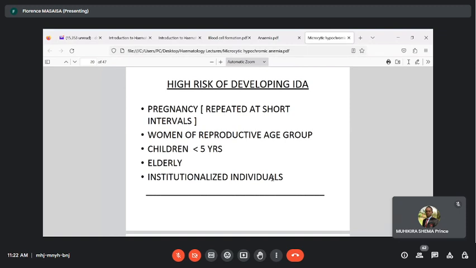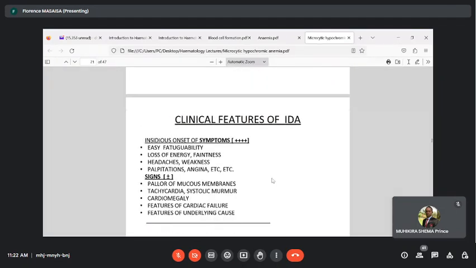Women of reproductive age group, we have said why, menses. Age group above 55, elderly people, where they have decreased appetite, they have to choose what to eat. And you have institutionalized individuals, for example, people in school or in prison, where they are exposed to one kind of diet. If it's not rich in iron, they may have decreased iron.